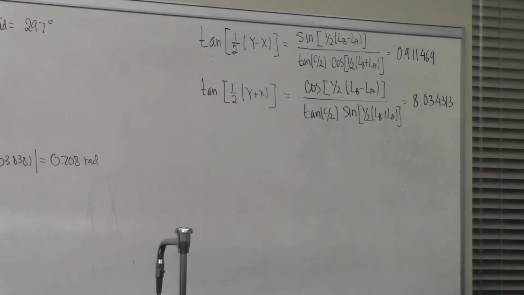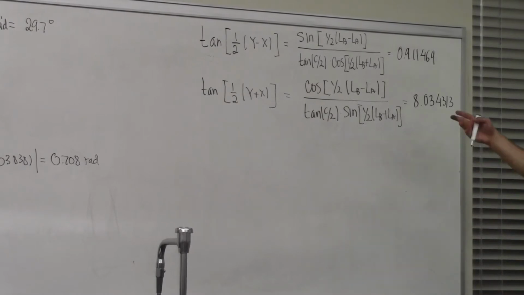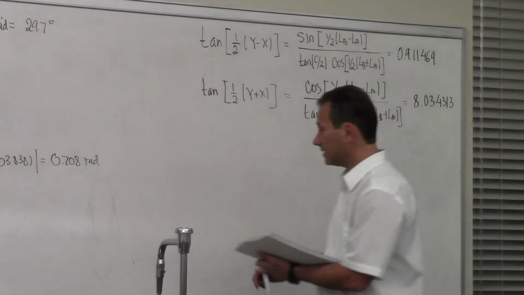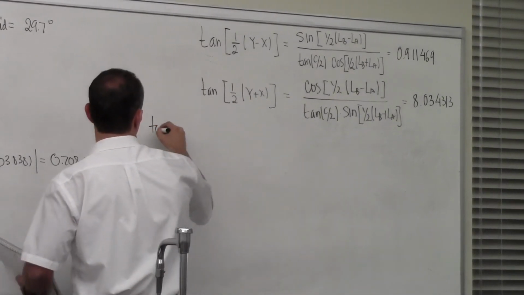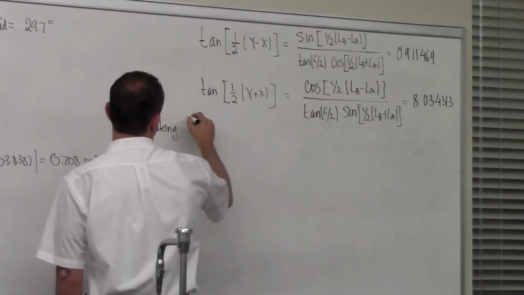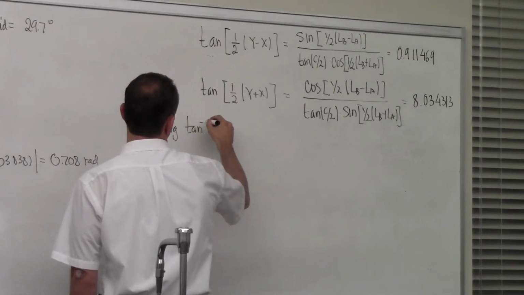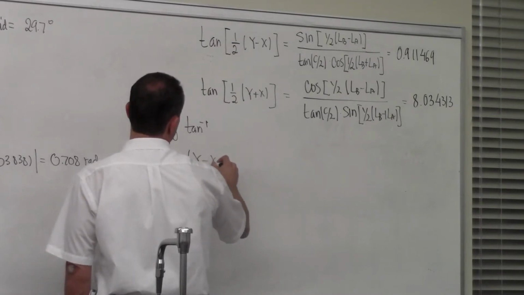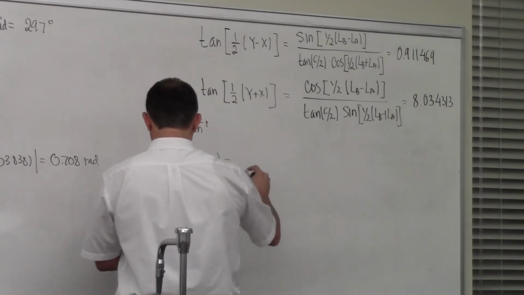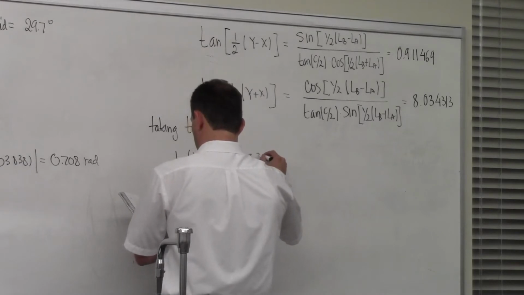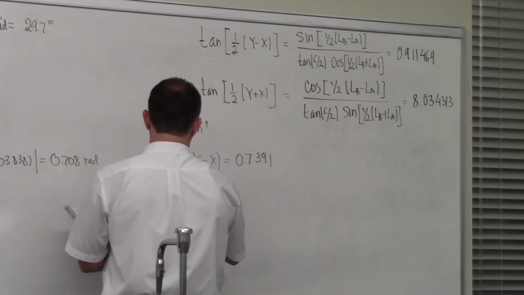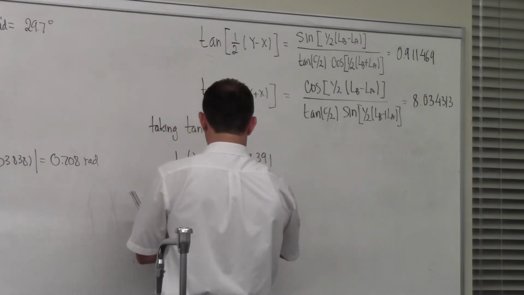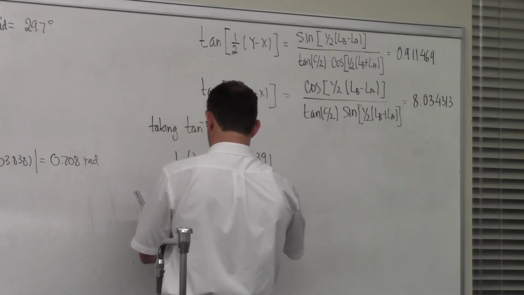So you have tangent of this, tangent of the other one. You take the inverse tangent and you get 1/2 of (y minus x). So taking tangent inverse on both sides, you end up at 1/2 (y minus x) equal to 0.7391, and 1/2 of (y plus x) equal to 1.447.